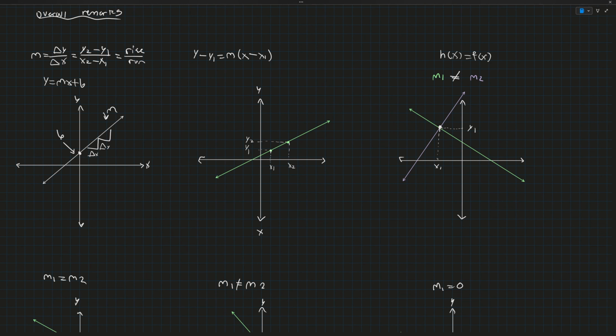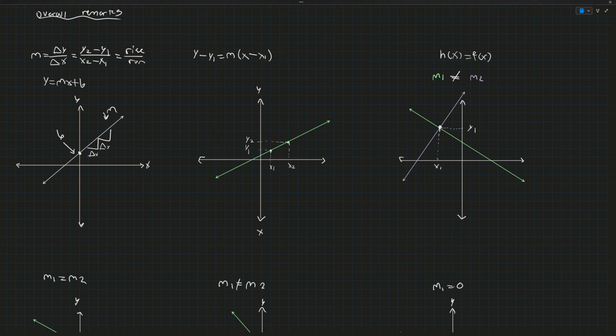So, overall, let me do some overall remarks. We have a line. And this line is changing or rising, or has a slope that is some change in y over some change in x. It's changing in the y direction and in the x direction by some constant amount.